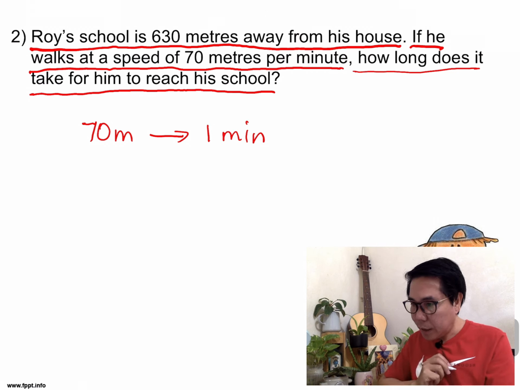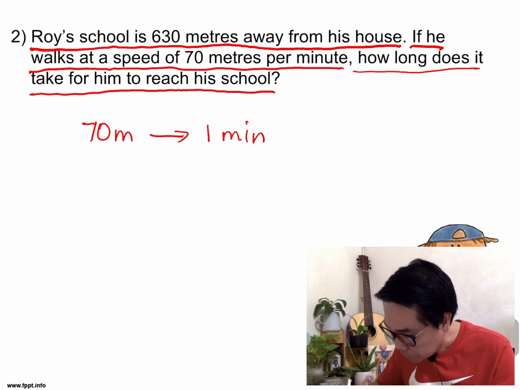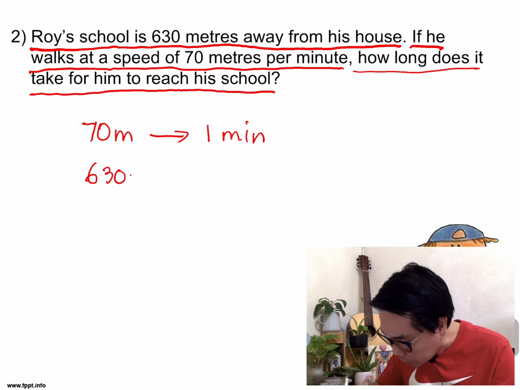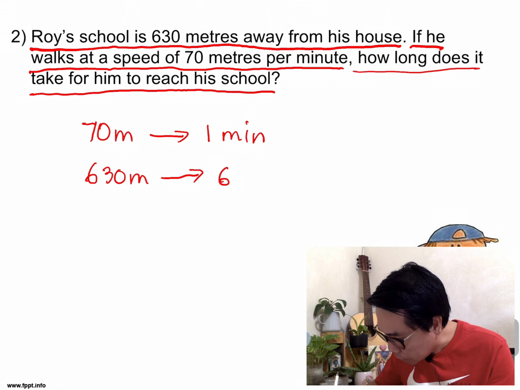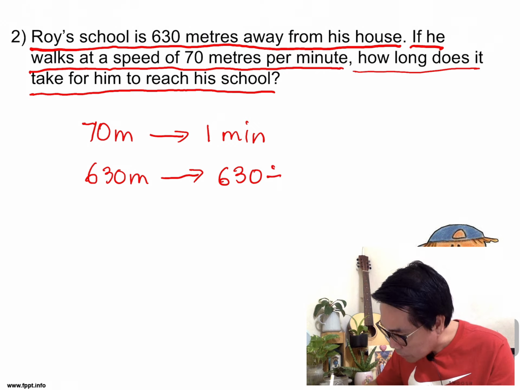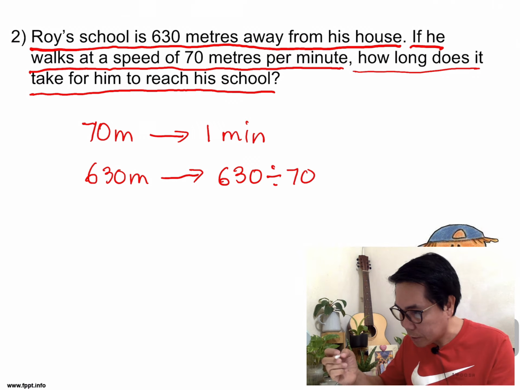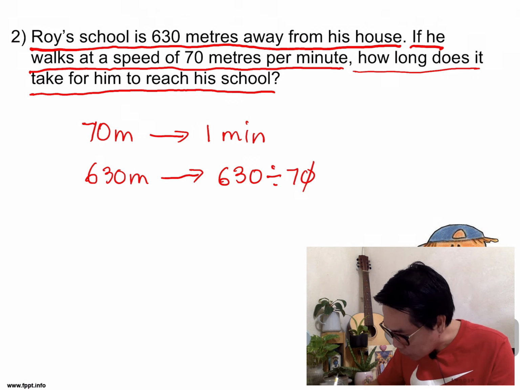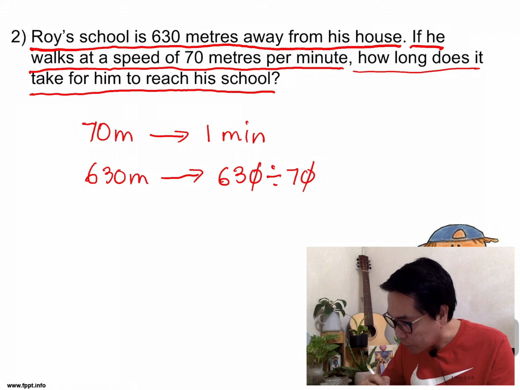Then 630 meters, find out how many 70, so divided by 70. We can cancel this 0 and 0, so what's left is 63 divided by 7.